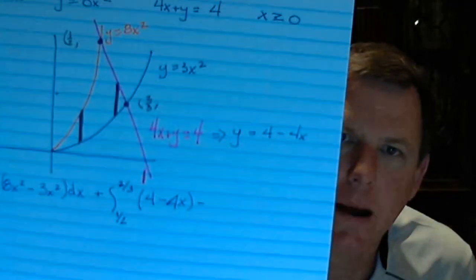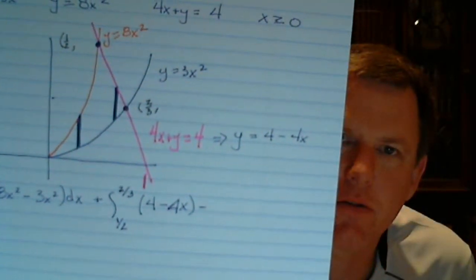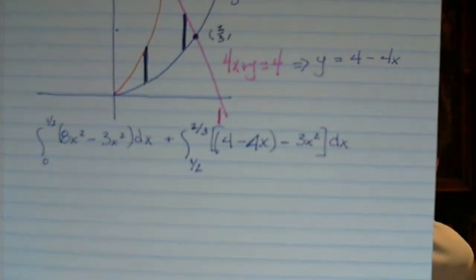So that's going to be the quantity 4 minus 4x minus the bottom graph. Now the bottom graph there is the blue graph on my picture. The bottom graph would be the blue parabola. Pink to blue, top to bottom. So that's going to be minus 3x squared dx. So here are the integrals that are going to give us our area.